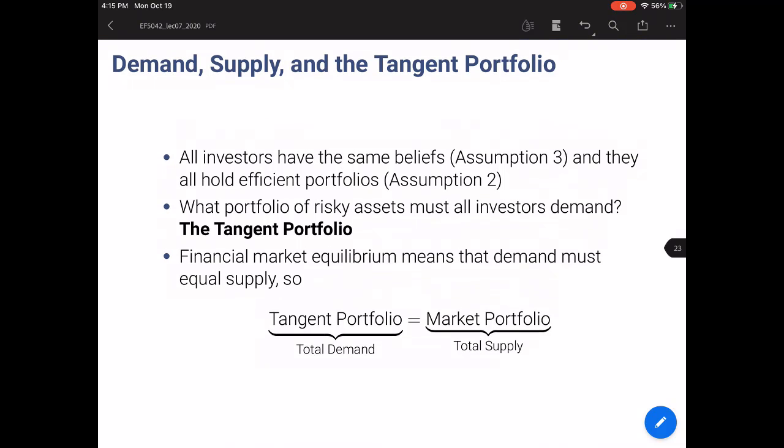So there's an implication here. If you're only given a couple of assets, then the Tangency portfolio math is quite complicated. But if we're talking about a universe of assets, then the market portfolio is actually quite easy to calculate for a specific stock, for example. All you really need to do is calculate the share of its market capitalization with the total market capitalization of the market portfolio, right?